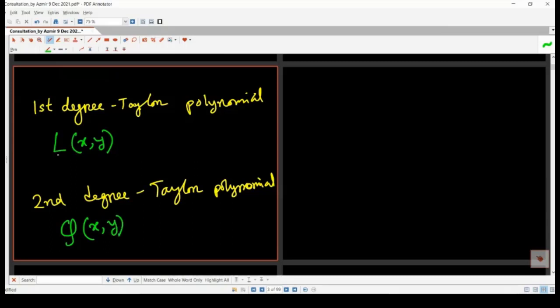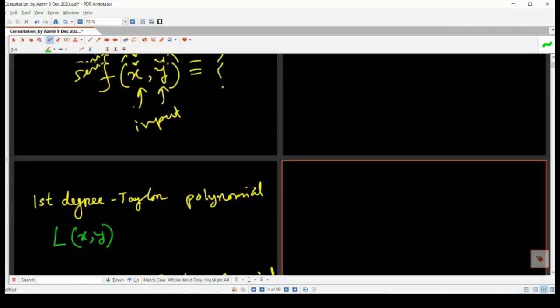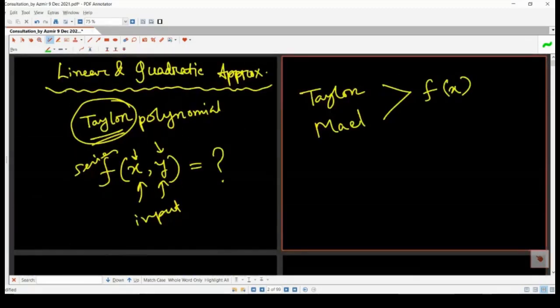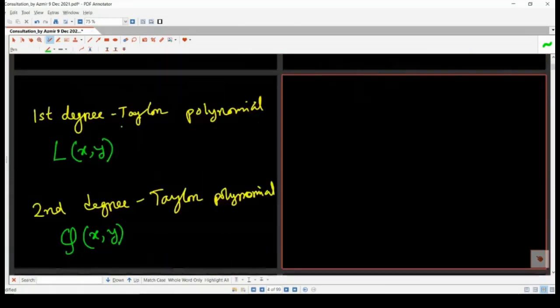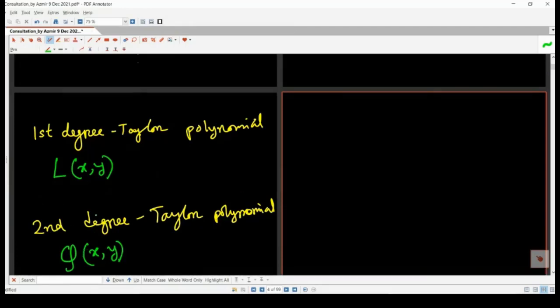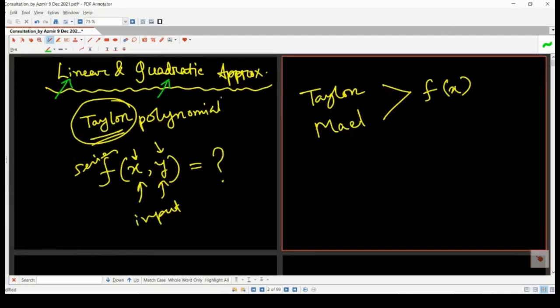Why are we using L for the first degree Taylor polynomial? The first degree Taylor polynomial can also be called the linear approximation for a function of two variables, and the second degree Taylor polynomial we can say is the quadratic approximation.